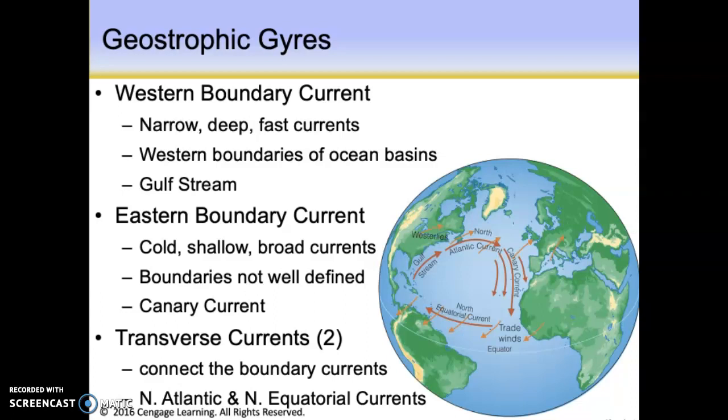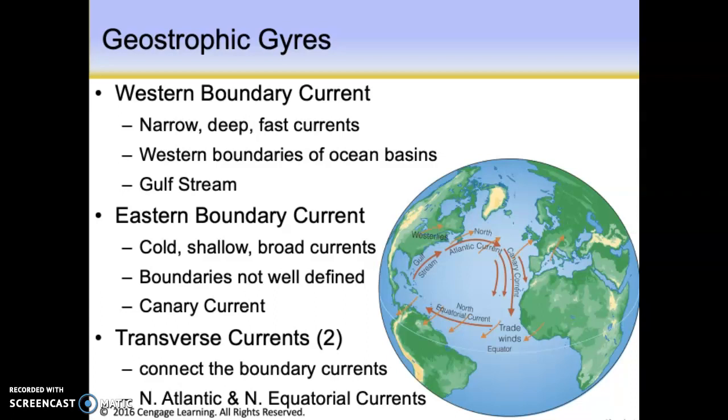And it is along the western boundary of an ocean basin. In the picture we have here, it is the Gulf Stream. The western boundary current then transitions into a transverse current. Here it's labeled the North Atlantic Current, which takes that warm water over to Europe and Great Britain.